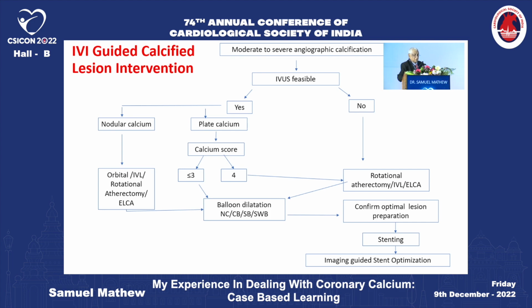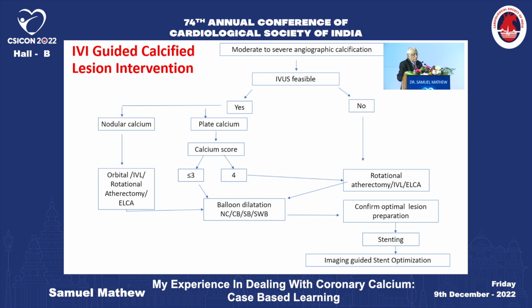There are situations where the rotawire will not be able to position inside the vessel because of the tight lesion. We may have to use the ELCA laser first, followed by atherectomy or an IVL, and followed by optimal lesion preparation and stenting.